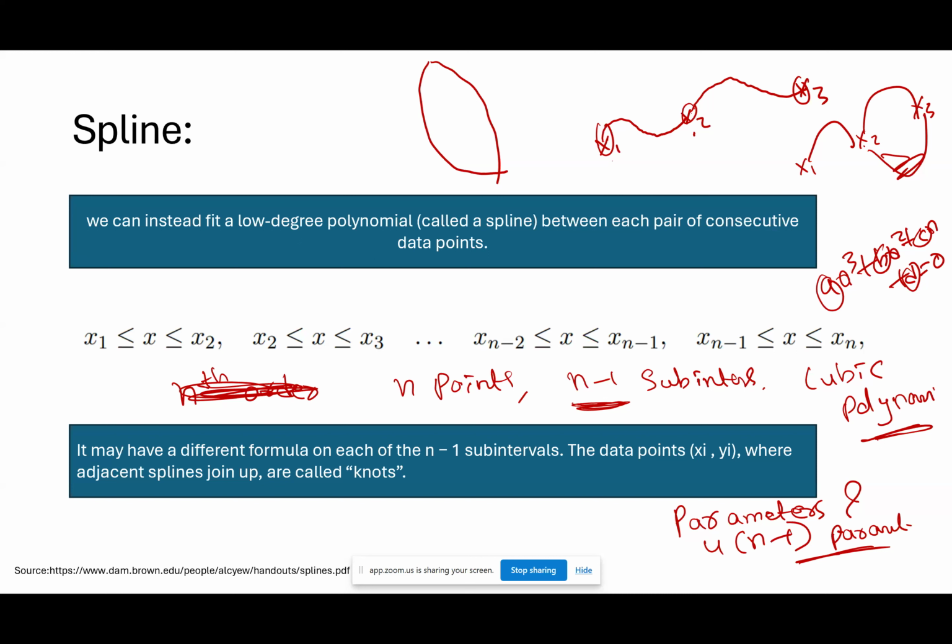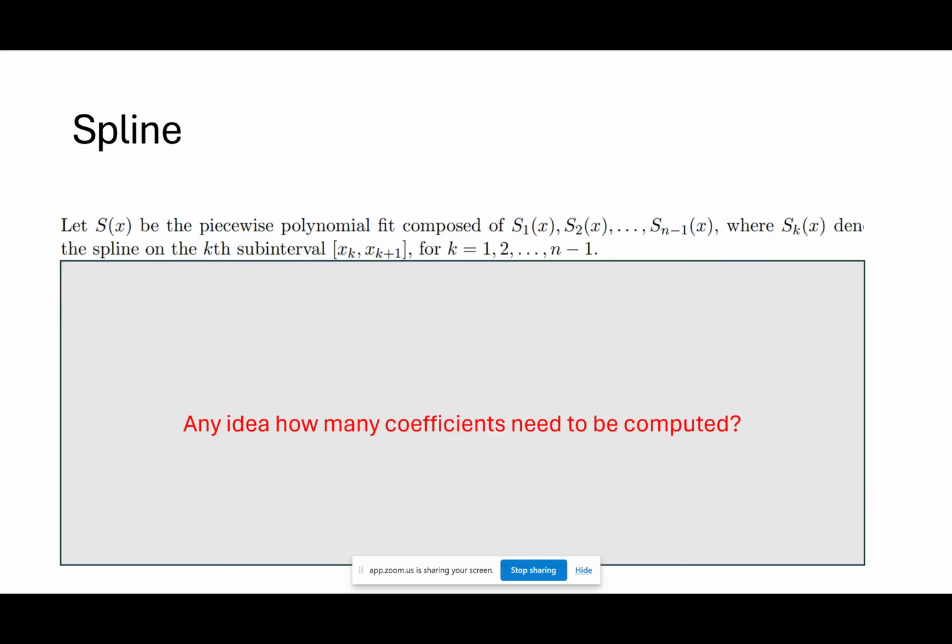But we have only n points, and we need 4 into n minus 1 parameters. So there is an imbalance between the number of equations and the number of parameters.